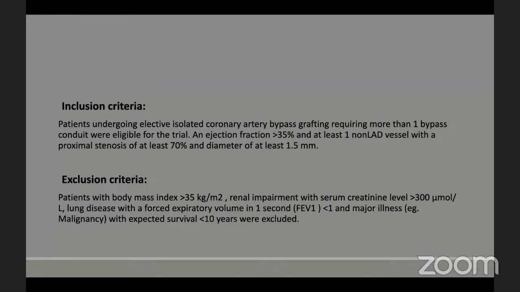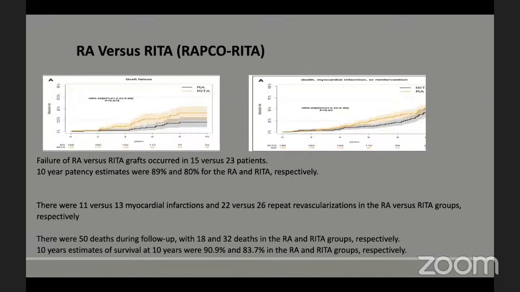The outcome, radial artery versus right internal thoracic artery: failure of the radial artery versus right internal thoracic artery occurred in 15 versus 23 patients. 10-year patency estimates were 89 and 80% for the radial artery and right internal thoracic artery, respectively.